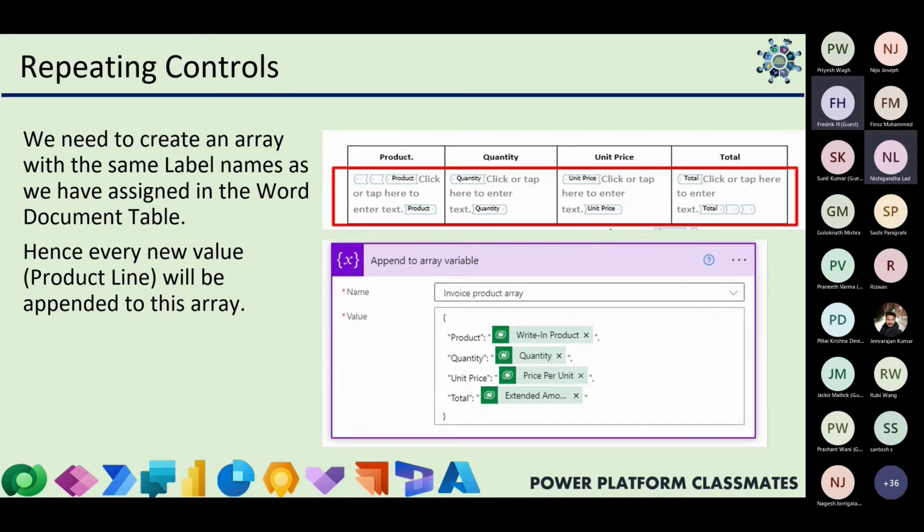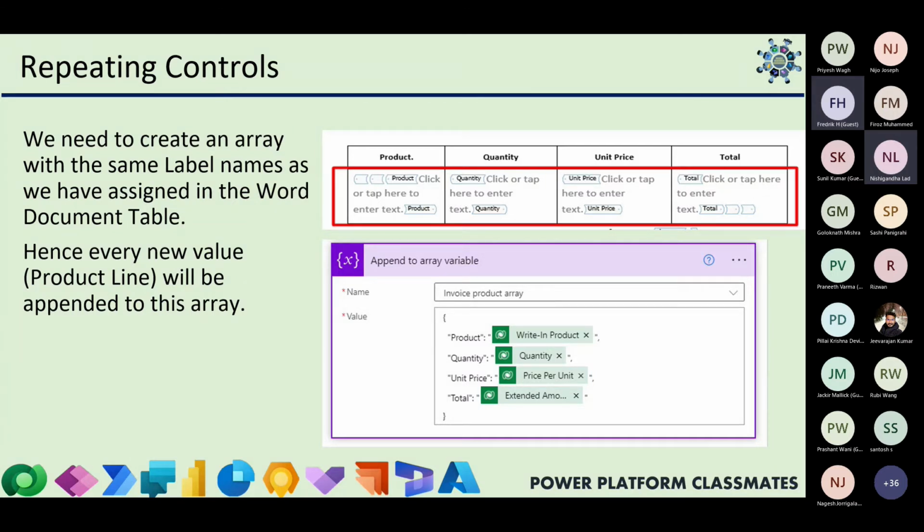In our Power Automate flow, we'll be creating an array of these lists, as it will be a list of items. As we saw, there were four items, four product lines. Hence, it will be a list of items.